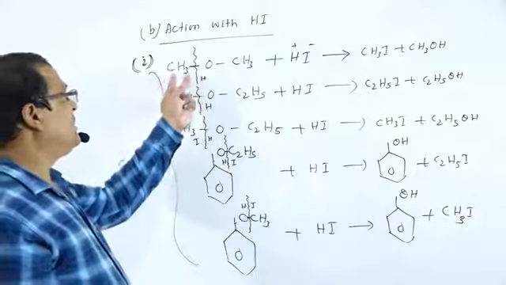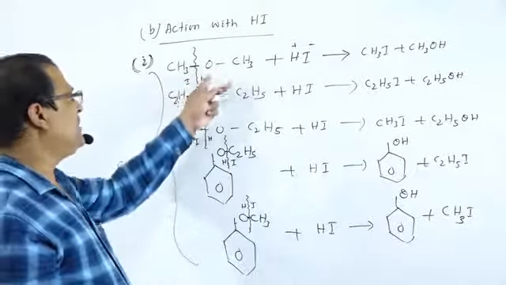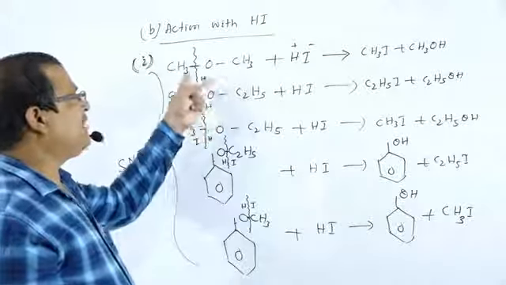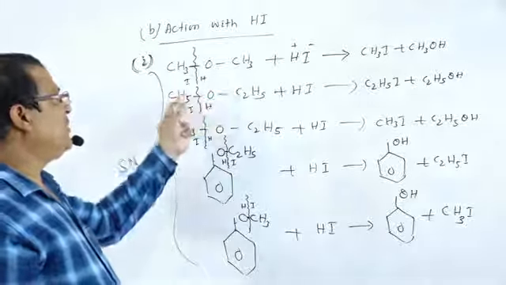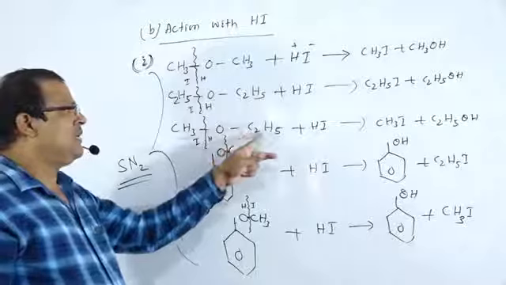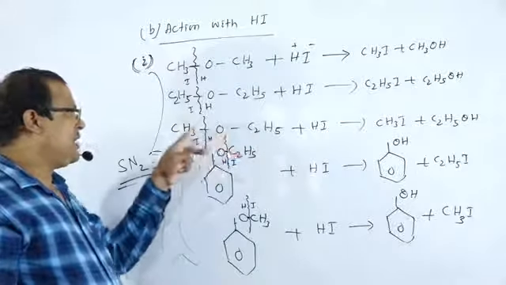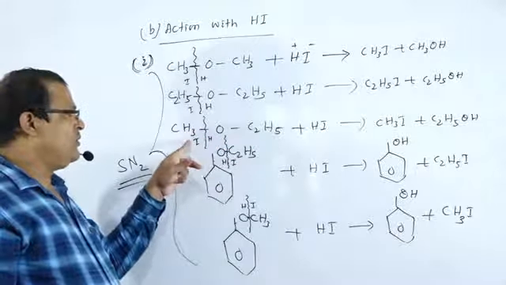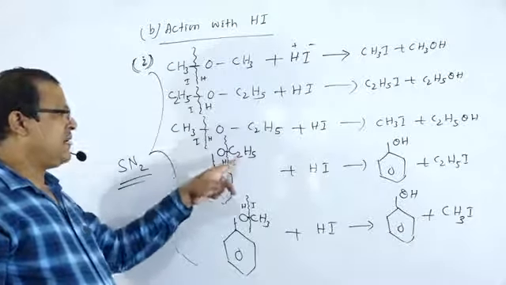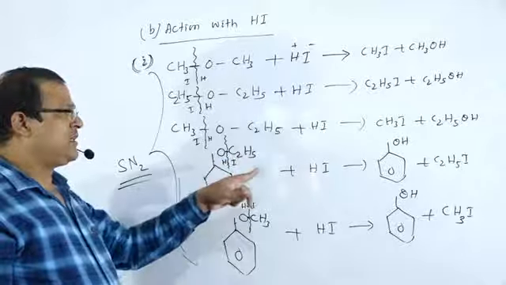So this is CH3I plus CH3OH, and C2H5I plus C2H5OH, because both sides of the alkyl group contain the same number of carbon atoms. But this is unsymmetrical: the less carbon-containing side is converted to alkyl iodide, and phenol is formed.